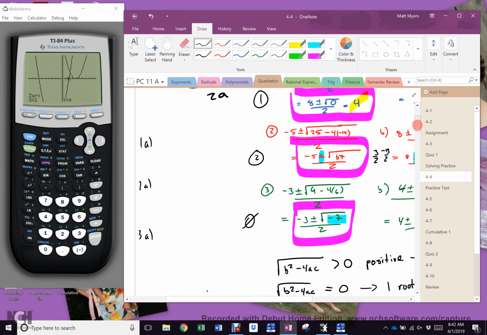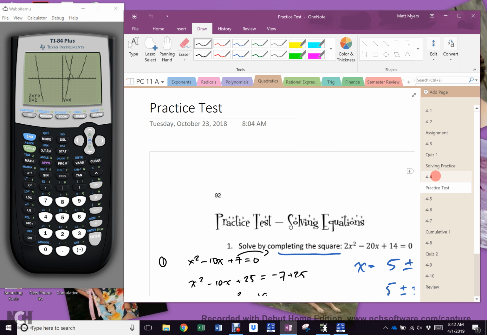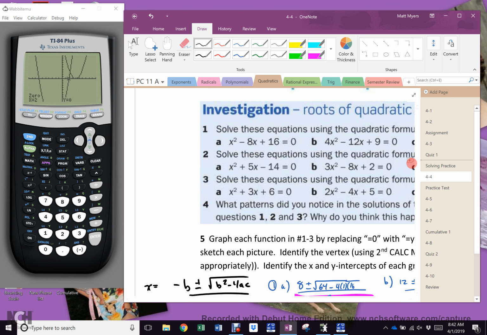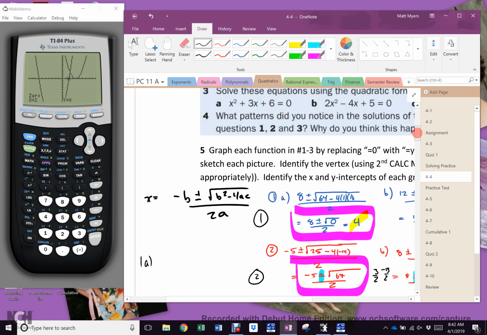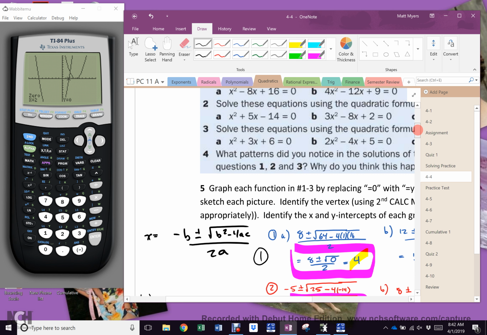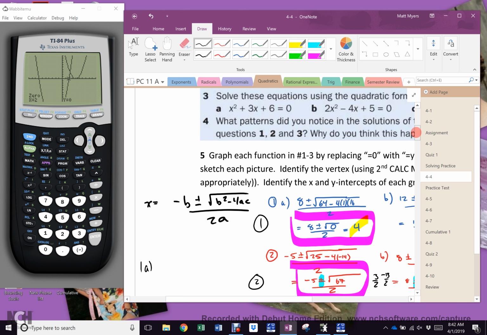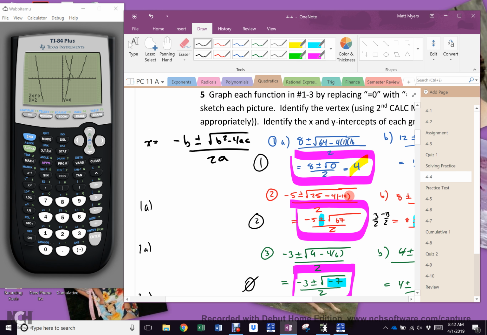I made some errors. Let's check. 5, 14. 5 squared is 25. 4 times 14. Oh, it's not 42. I did 3 times 14. It should have been 25 and 56.